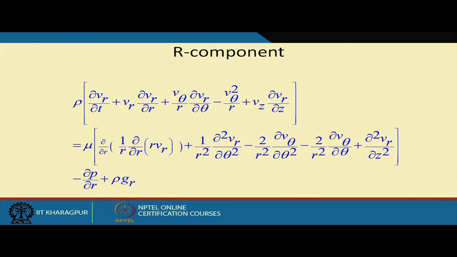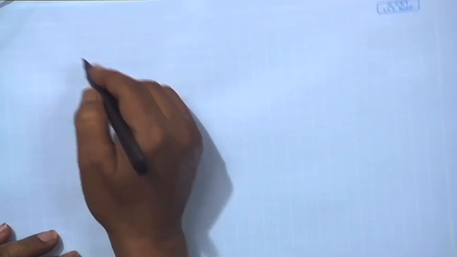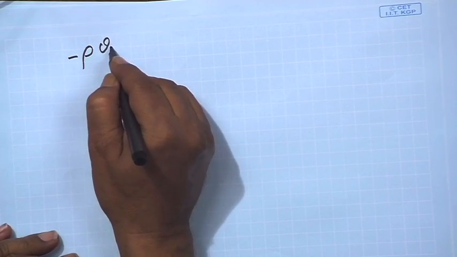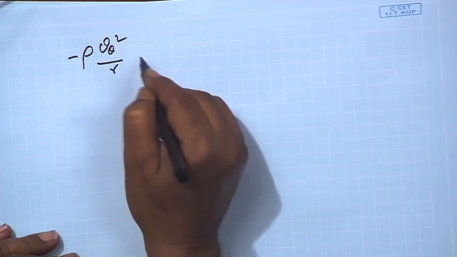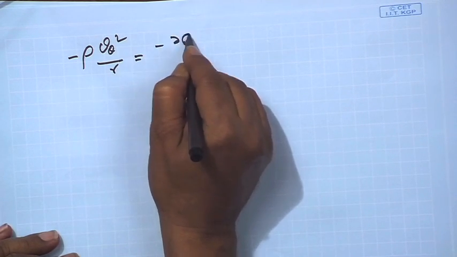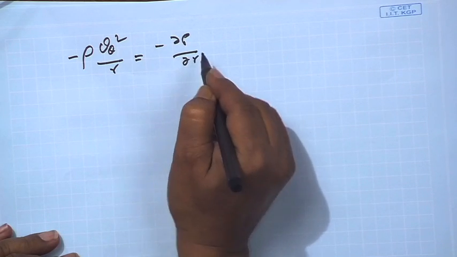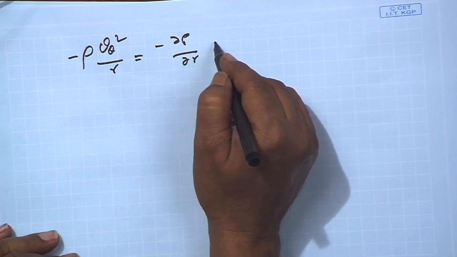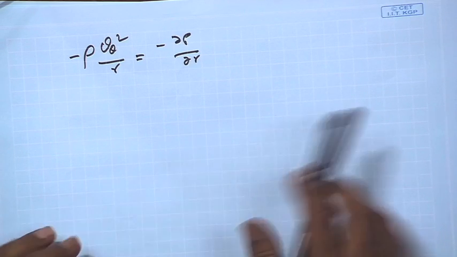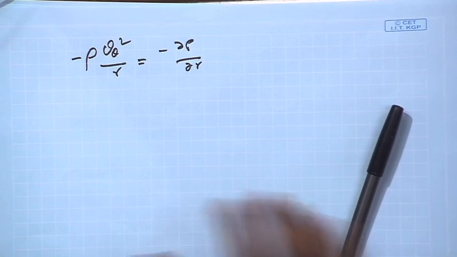So we then get minus rho into V theta square by r is equal to minus del P del r. Rho g r is assumed to be negligible and can be neglected.